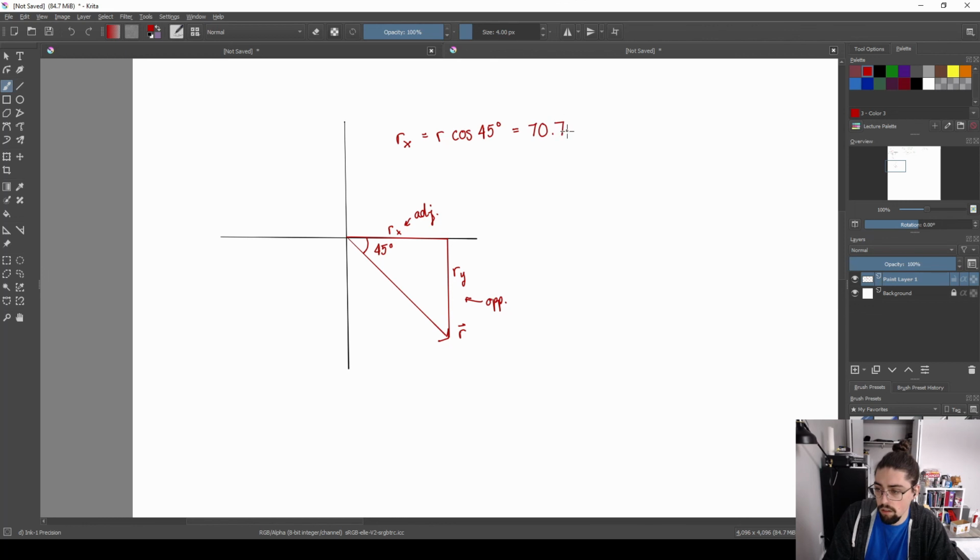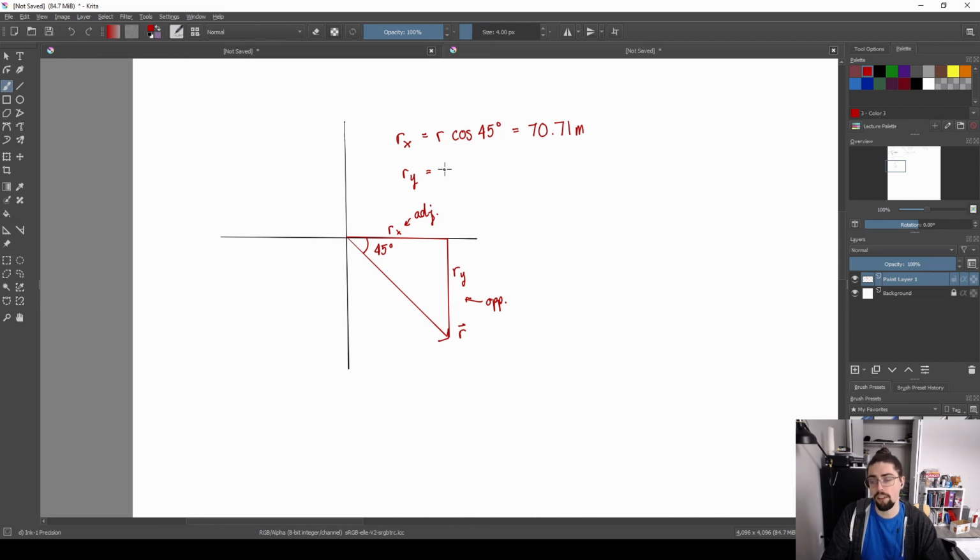Correct? 70.71, and then I am going to specify meters because we were told that there was a unit associated with this vector. Now doing the same thing with r of y. Now I've got a little trick to this. If mathematicians are very, very exact and everything else, they might get a little bit upset with this answer. But what I'm going to do is I'm going to say, hey, I know what direction this thing should be going. I see a 45-degree angle, and I see r of y is going downwards.